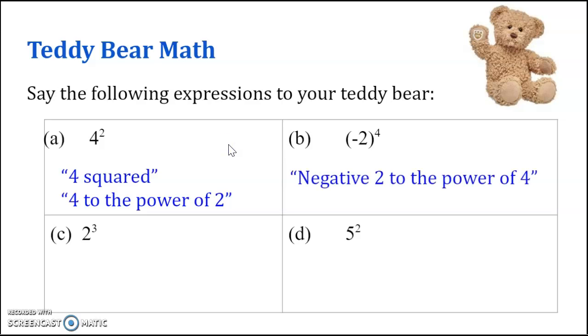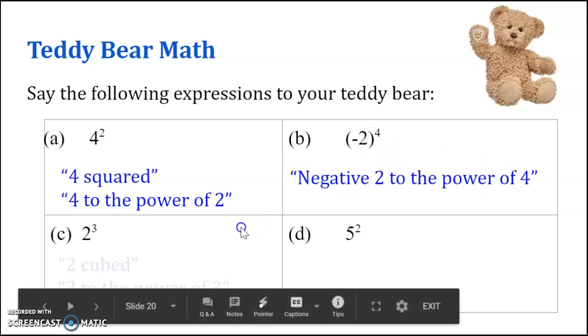Okay, you had a chance. For B, remember, what's the number that is being raised? It's the -2. It's not just 2. The -2 is being raised to the power of 4. So we say -2 to the power of 4. Or here we have 2 cubed. When it's squared or cubed, those are the two special names that we have.